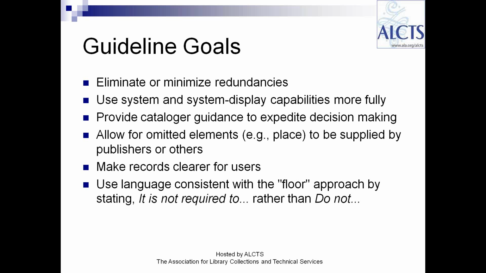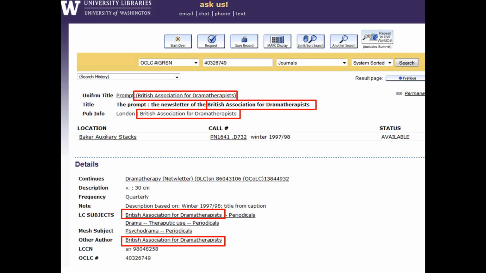So you have a set of mandatory elements, and then you have a set of optional elements. We were saying you don't have to do this, it's not required for you to do this, but you can if you want to.